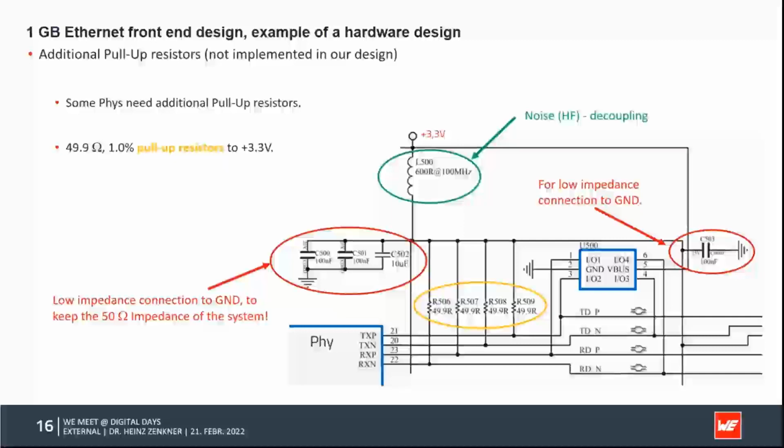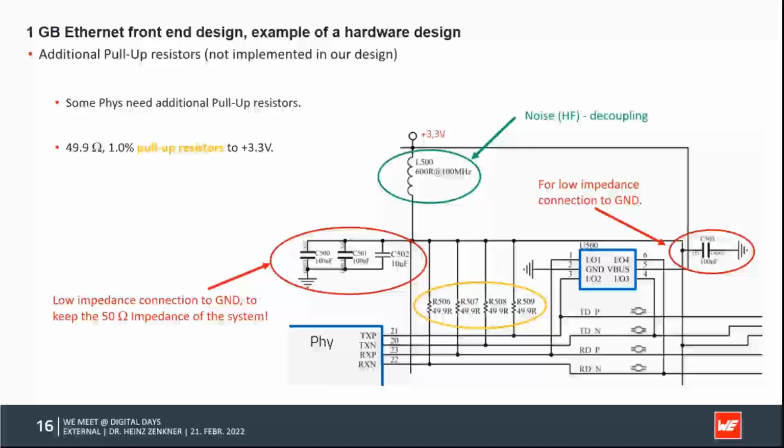In case you have another transceiver or another PHY than the one I used here, there are some PHYs which also need a pull-up resistor with 50 ohm impedance matching directly on the PHY. I have mentioned this just for your information, because I have seen some not-so-good circuit designs here.